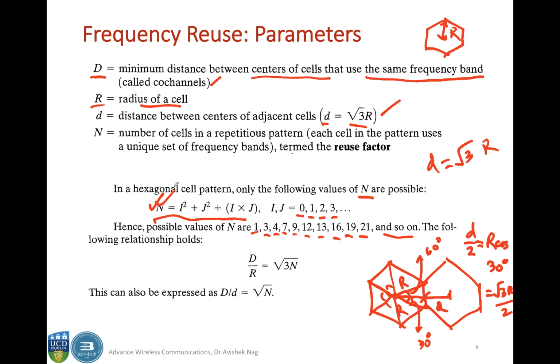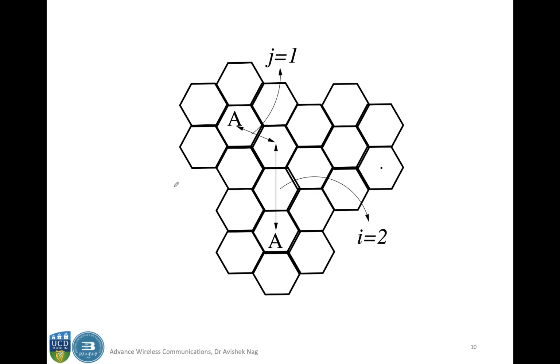And how this equation is derived, we can do a little more mathematical exercise to find out. I and J are nothing but the distances of the adjacent cells from a chosen cell. So let's say this is my chosen cell. This cell is at a distance J equal to 1, so this is the first adjacent cell of the chosen cell.